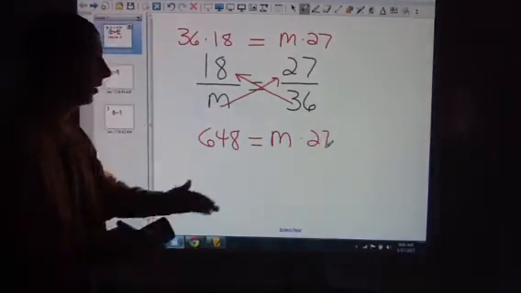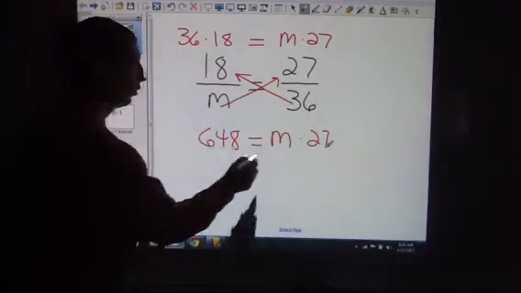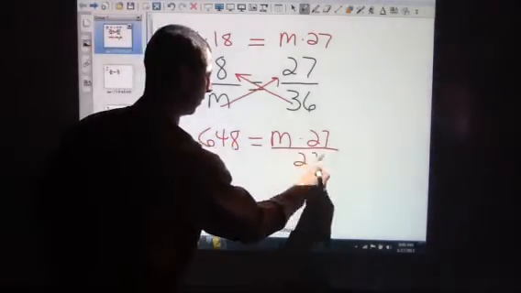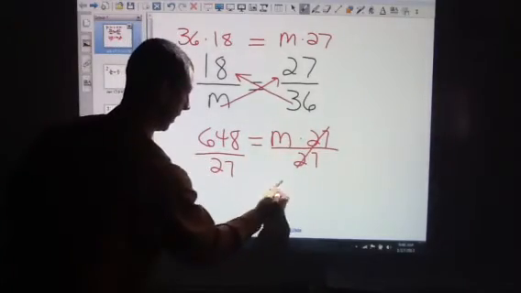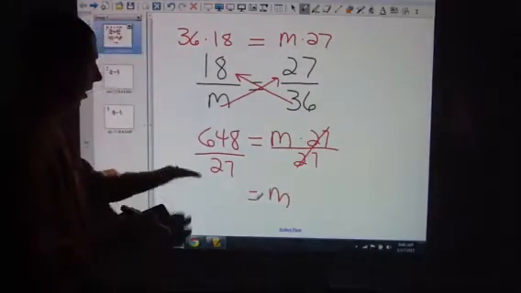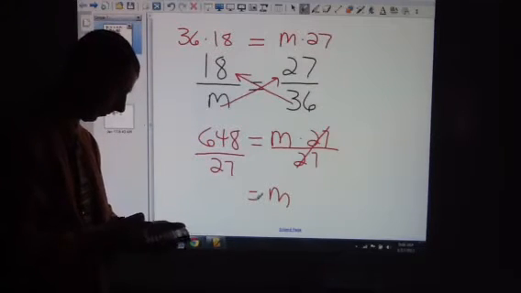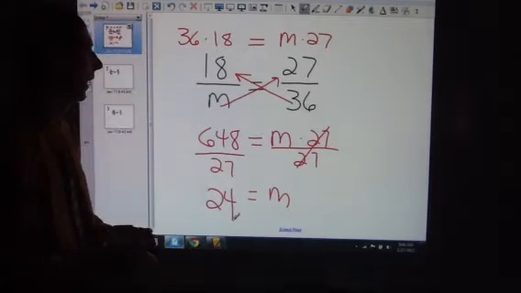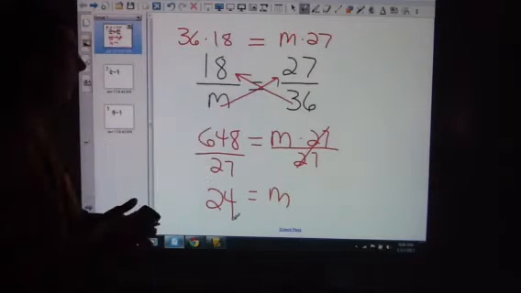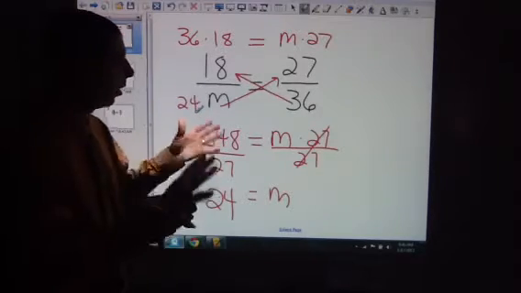To get rid of the 27, since it's being multiplied by the variable, we would divide by 27. These cancel, so m equals 648 divided by 27, and that equals 24.